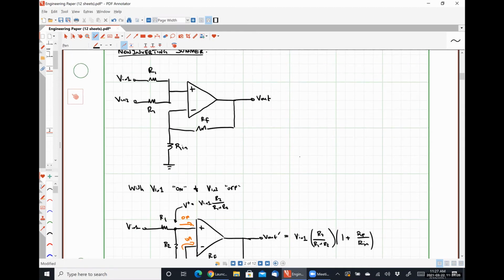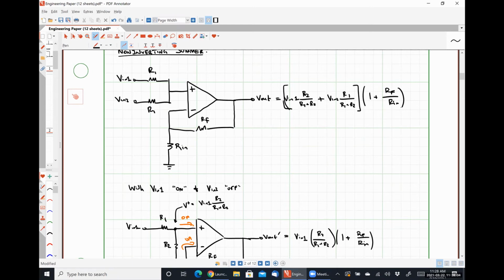So we can see that V out total is going to be VN1 times R2 over R1 plus R2 plus VN2 times R1 over R1 plus R2. This whole thing gets amplified by a factor of 1 plus RF over Rn.